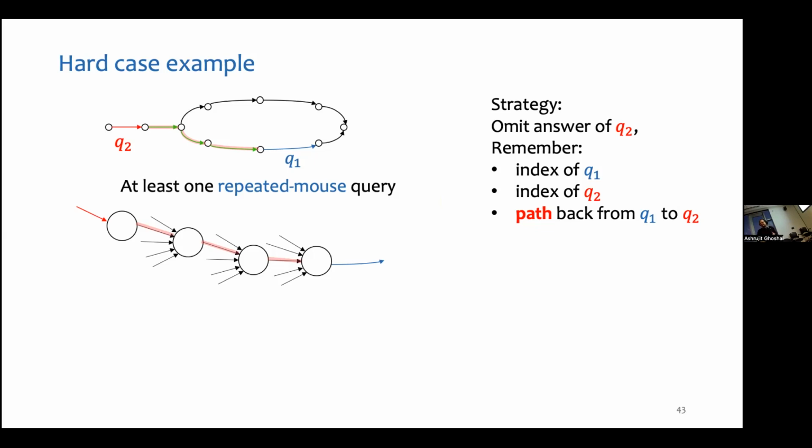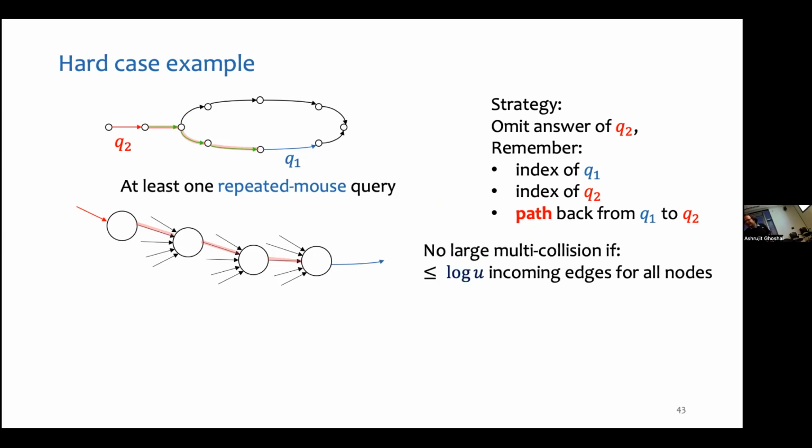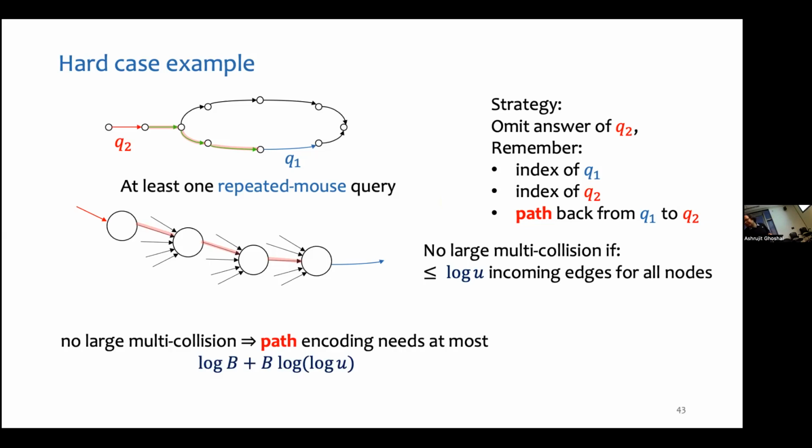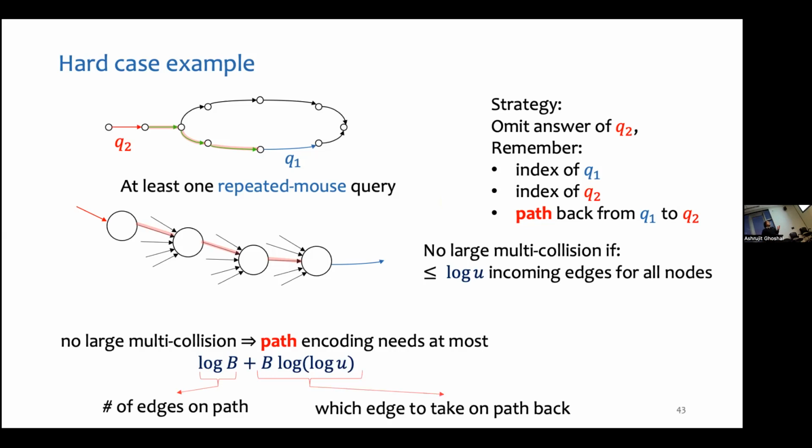So first, let's consider the case where there are no large multi-collisions. We define that there is no large multi-collision when essentially the in-degrees of all the nodes are at most log u. If there are no large multi-collisions, we can encode the path using these many bits, where the first term comes from encoding the number of edges in the path, and the second term is the maximum value required to encode which edge to take back.